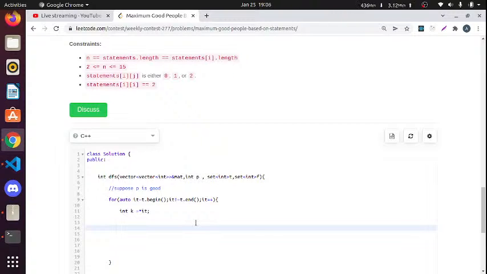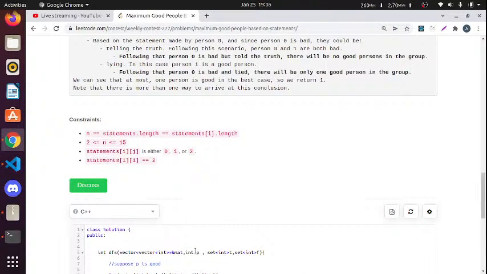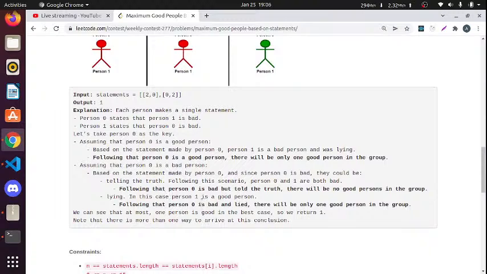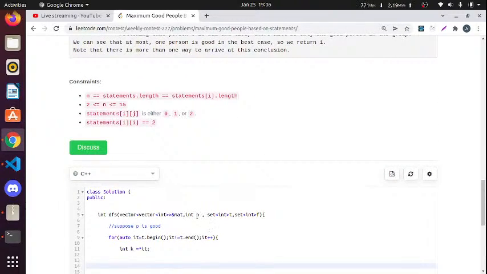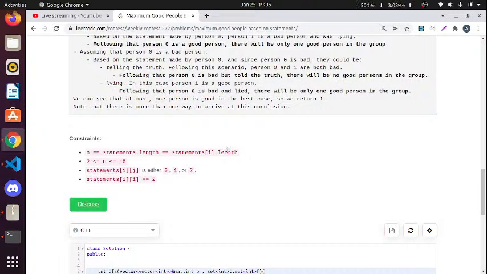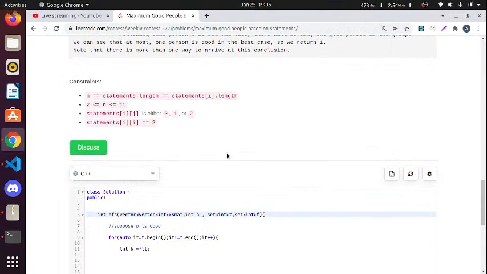Let's go through. Suppose he is a good person, so we will go through all the statements of this, and we will validate with our answer whether it is telling the truth or it is telling a lie, right? And suppose we are unable to find that one, right?